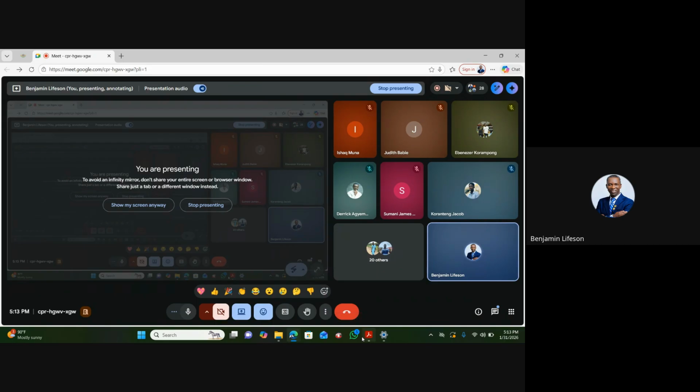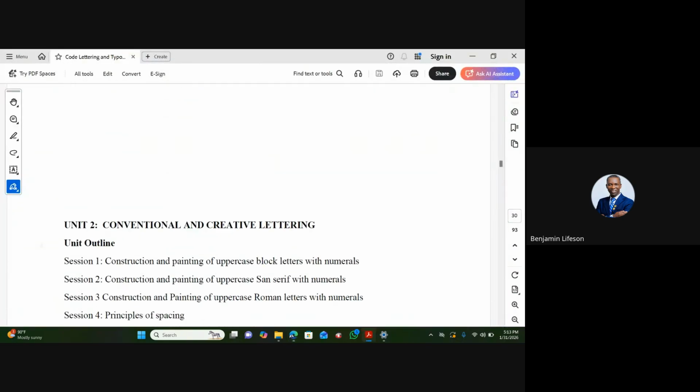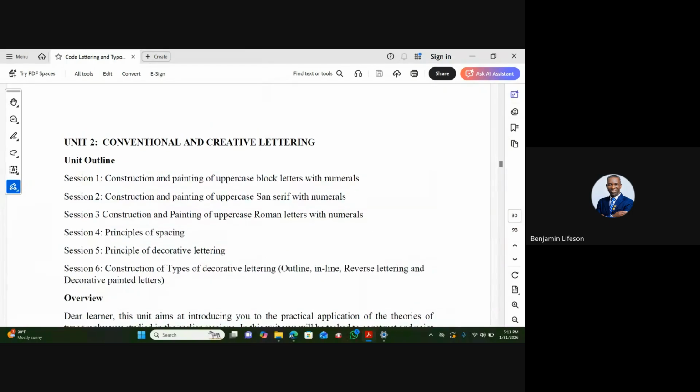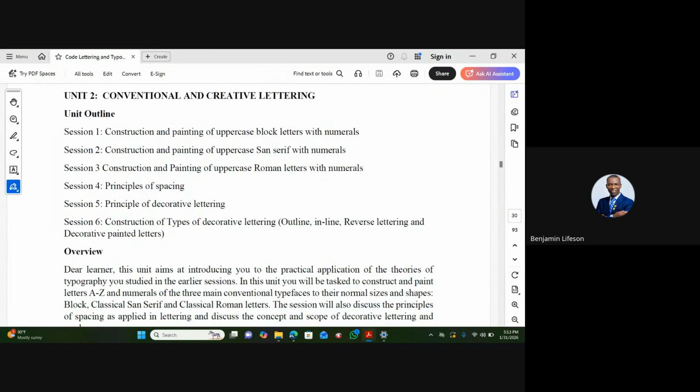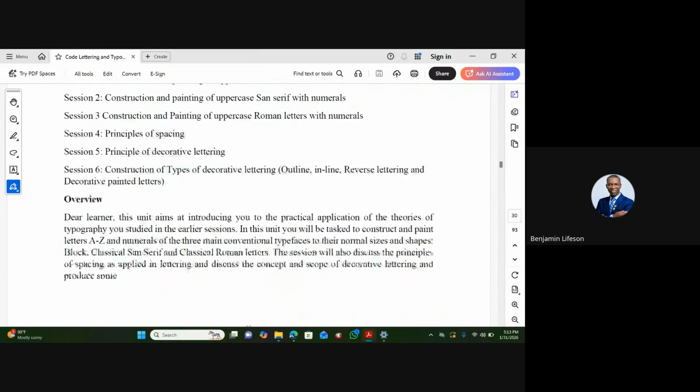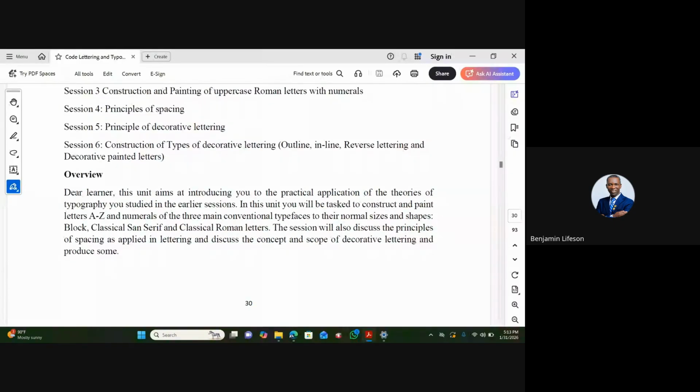So let me proceed. Now let's look at conventional and creative lettering. So another types of lettering. That's what we want to look at in unit 2.